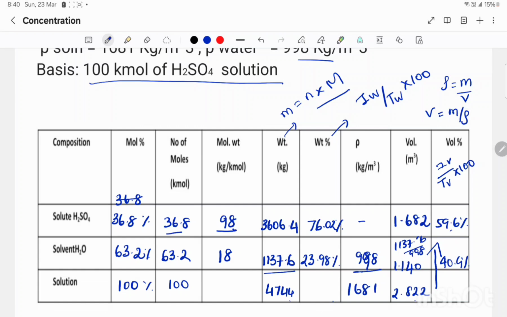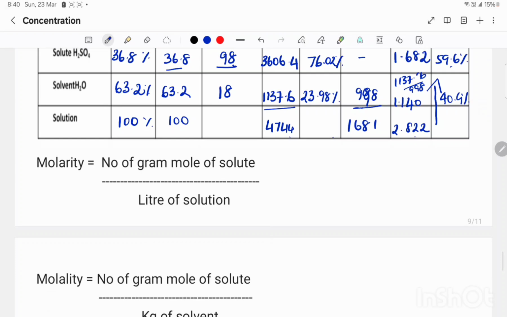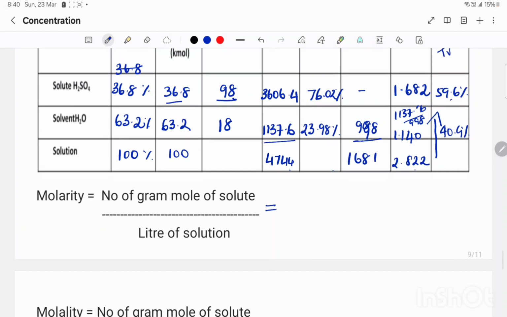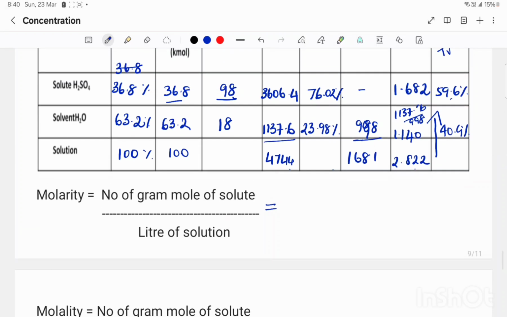So now we have calculated weight percentage and volume percentage. Next, let us calculate molarity, molality and normality. Molarity is defined as the number of gram moles of the solute per liter of the solution. The solute is 36.8 kilomole, but in the formula we need gram mole, so multiply by 10 raised to the power 3, divided by the volume of the solution in liter.